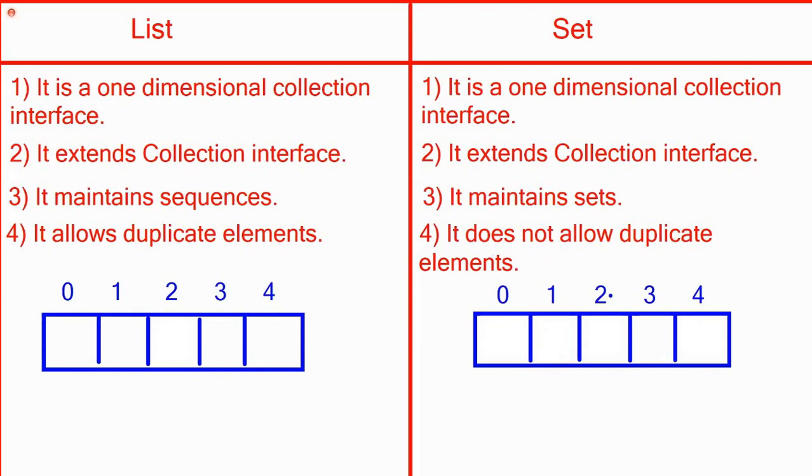Here duplicates are not allowed, here duplicates are allowed. Suppose here one element, here one element. Here the same element may be present, but here it is not allowed. Here duplicates are not allowed.